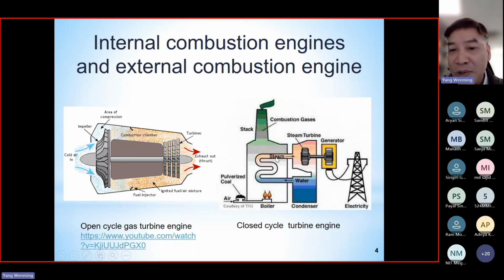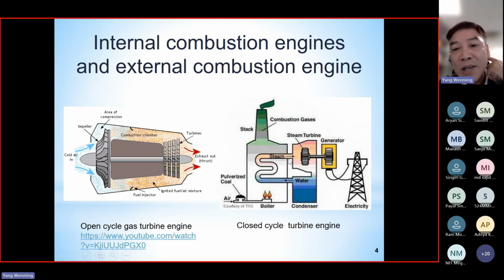Then we use the high pressure, high temperature steam to drive the steam turbine. In this process, the thermal energy is converted into mechanical power, correct? Then the steam turbine is connected with the electricity generator, thereby we can further convert the mechanical power into electricity.